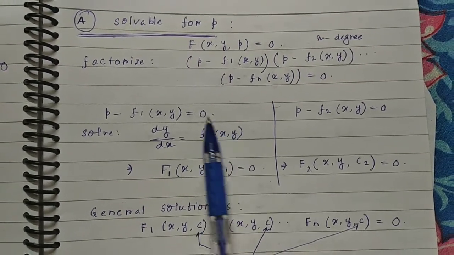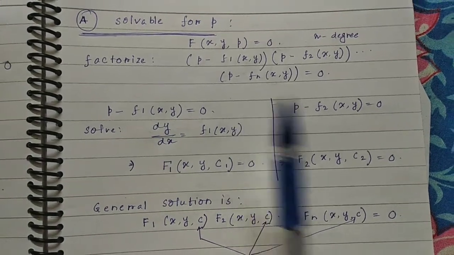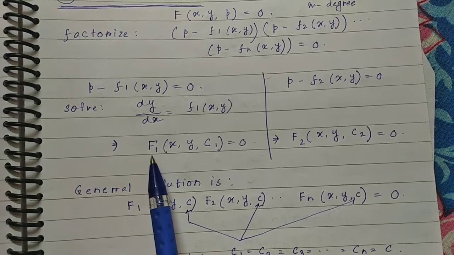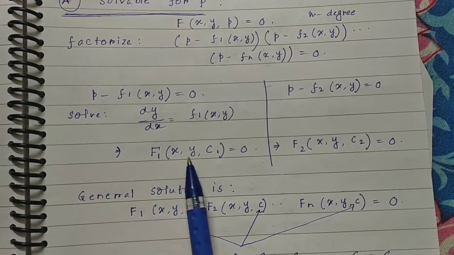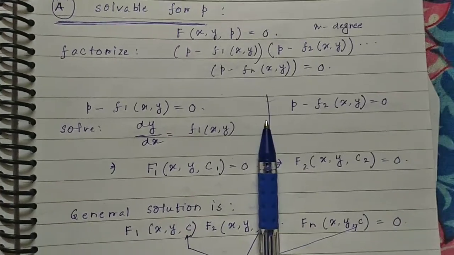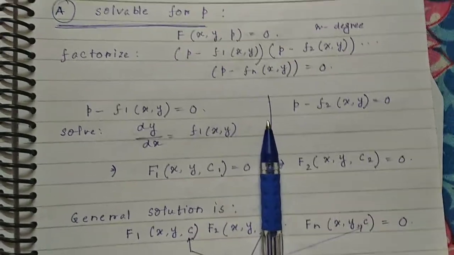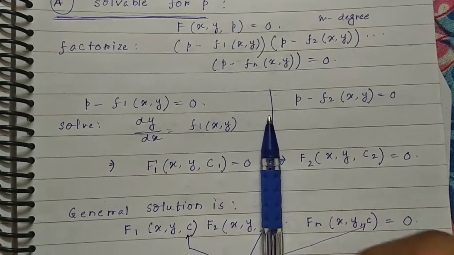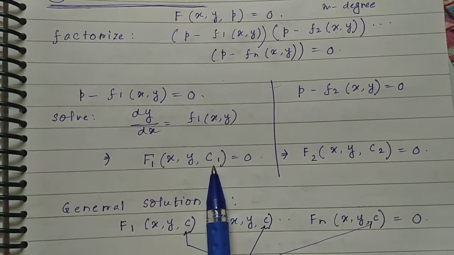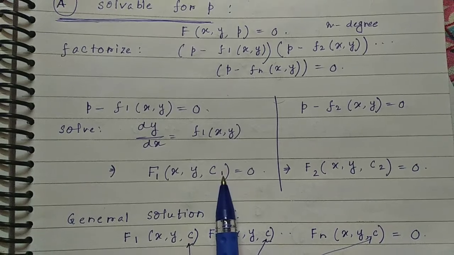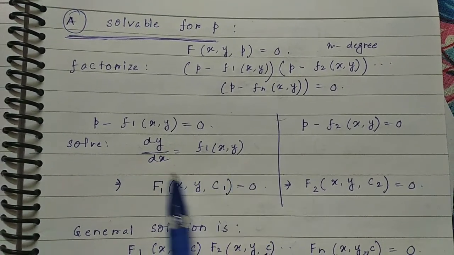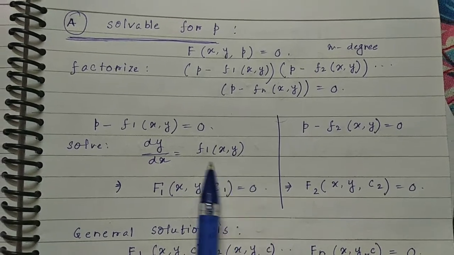Say you can solve this equation, and the solution comes out as a function of x, y, and there will be a constant, because whenever we solve a differential equation, an integration constant will come. This is a first order equation, so one constant will come. We say this is c1. Assume the solution is this.